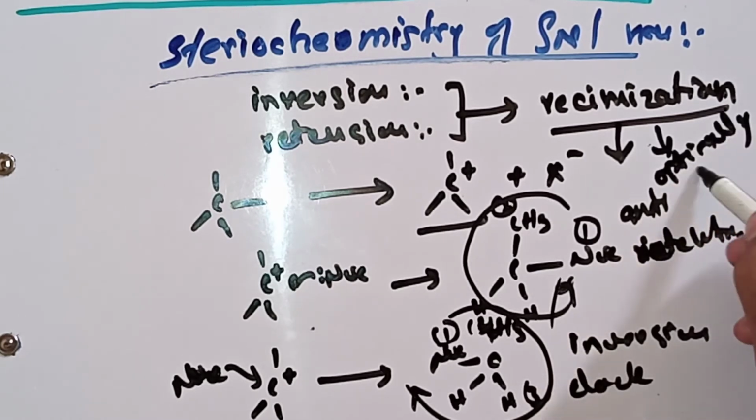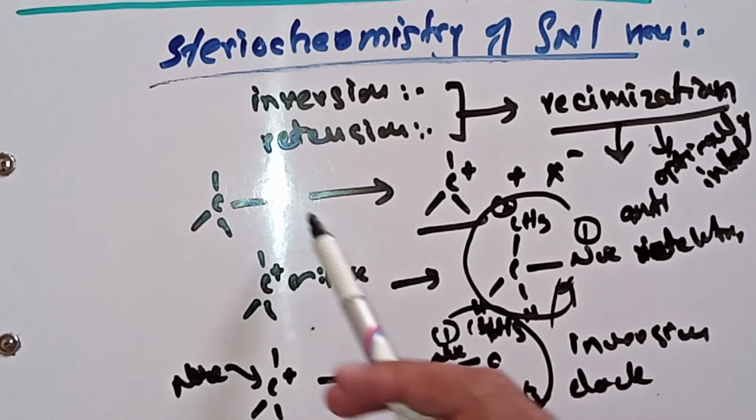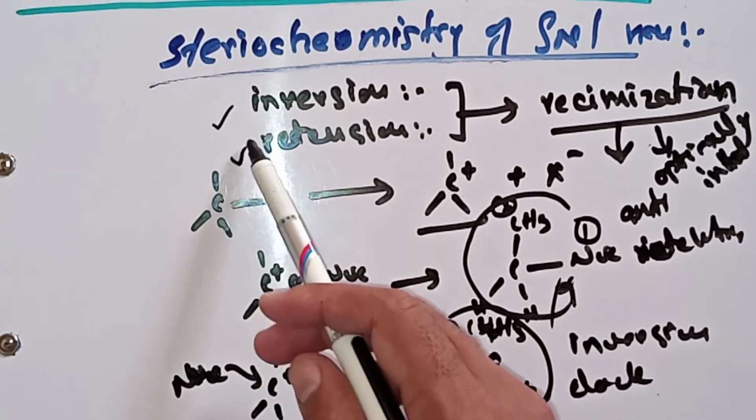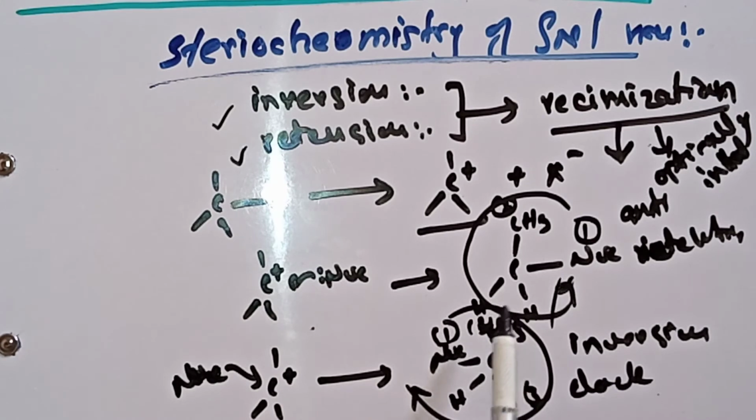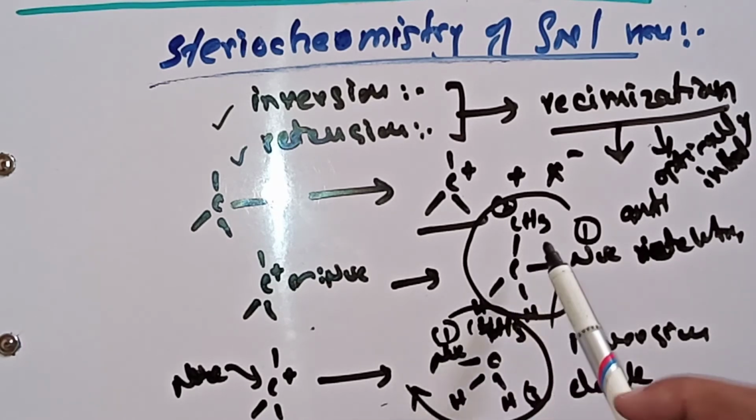Optically inactive means it cannot rotate the plane polarized light, because both configurations, clockwise and anti-clockwise, are present in the same quantity. So the net rotation of light will be zero, cancelling out.